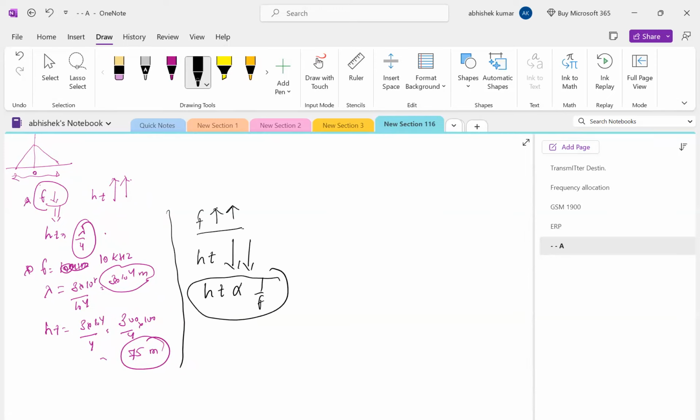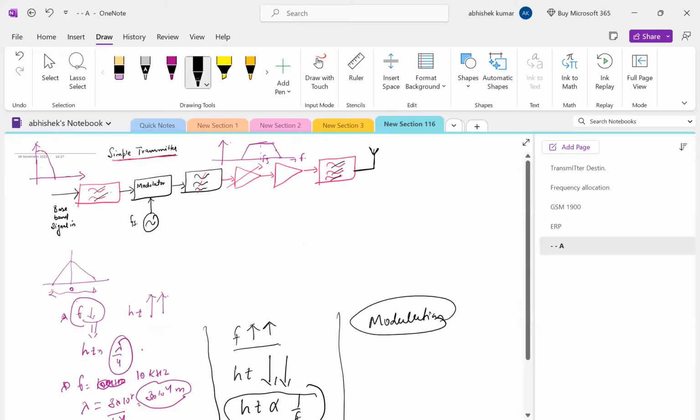As frequency increases, antenna height decreases, and we get good transmission of the signal. So the way to reduce the antenna height is to use modulation.